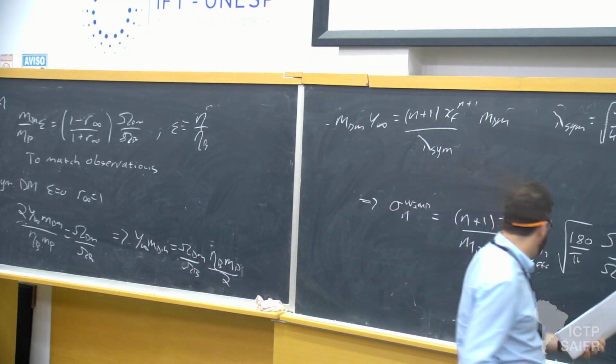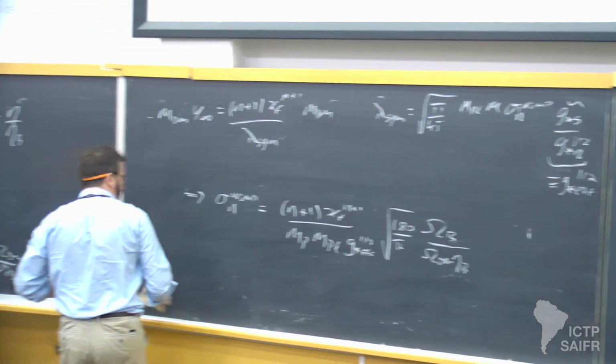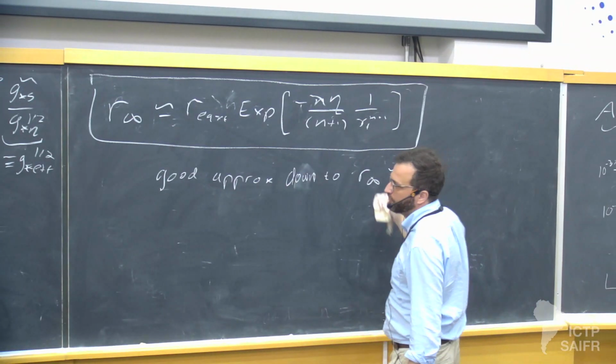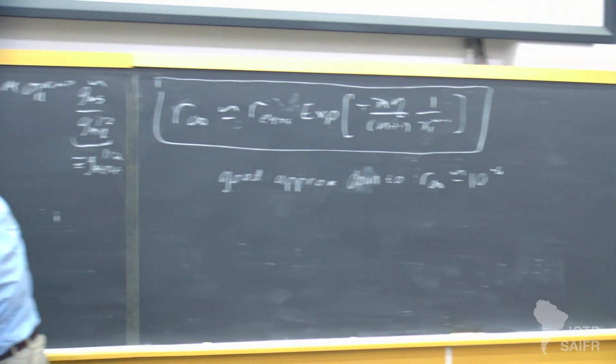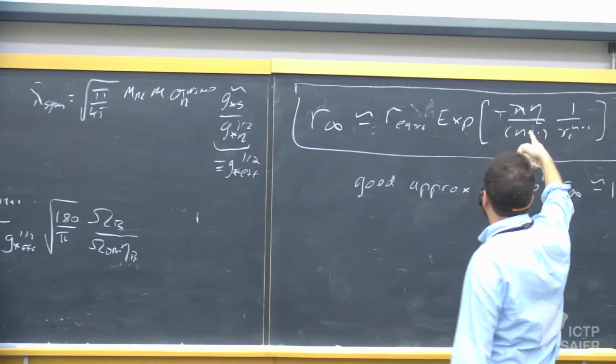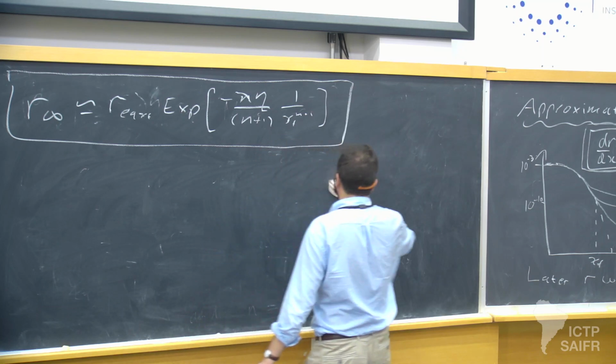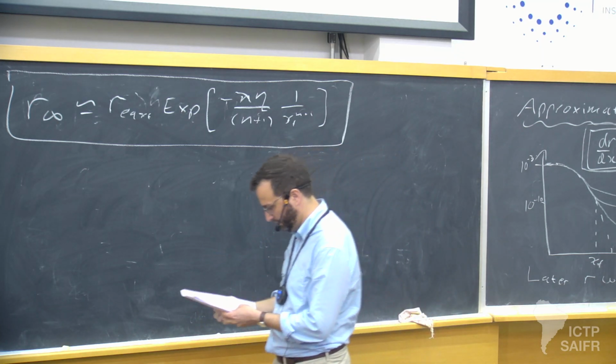Now we had here, for our asymmetric case, this factor, which is very similar to here, just instead of having lambda symmetric, we have lambda, which has a larger cross-section, as we'll see in a second.